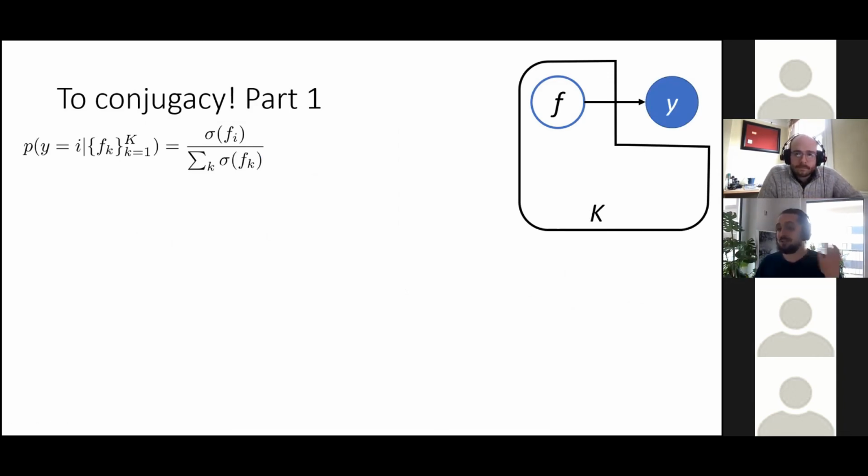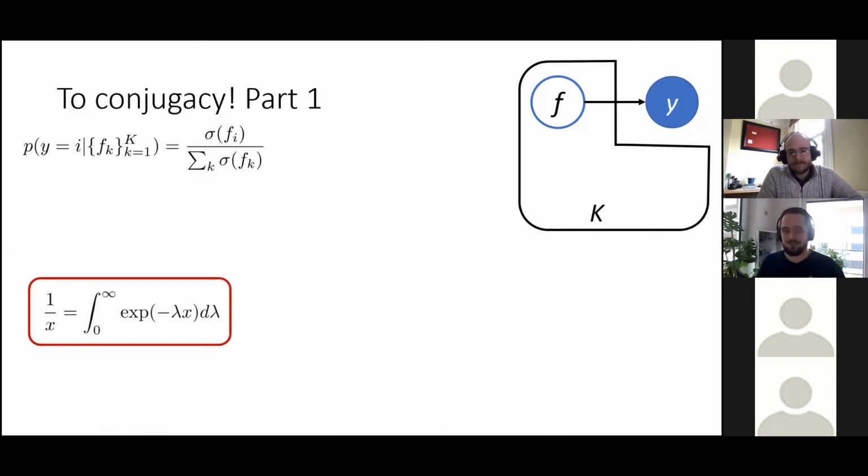And that's where we use completely different augmentations, which are not related at all to what I explained so far. That's why I'm saying this is not limited. First thing, analysis 101: 1 over x is equal to this integral. This lambda looks nice, but I don't like integrals.